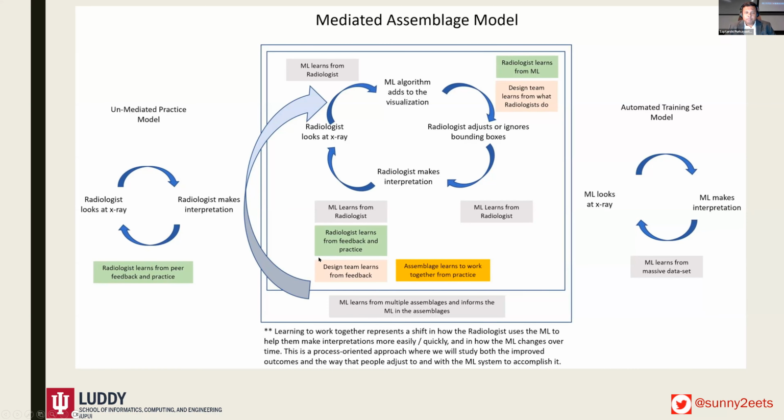Some new methods have come up where, if a radiologist makes an interpretation, the ML algorithm that is already trained is able to show its output, either classification or segmentation, to the radiologist. The radiologist looks at that interpretation with respect to the mental model they have. They adjust the bounding boxes of the region of interest, if it's a segmentation problem, or highlight a new label that the AI model did not have, and that is added to the labels. This interpretation then goes back to the machine learning model.